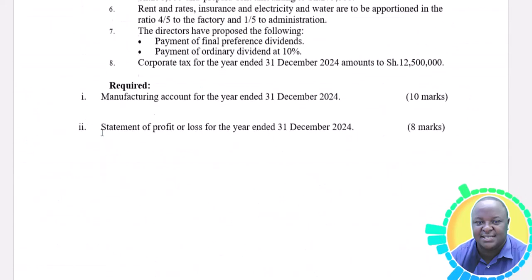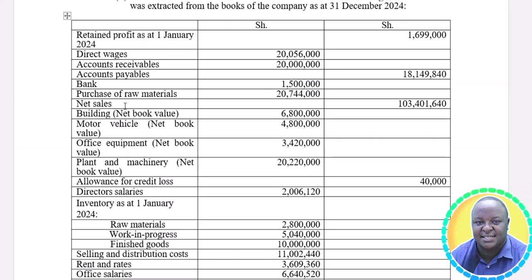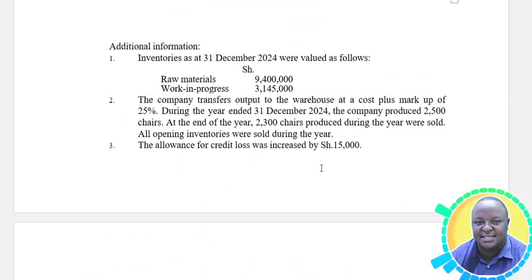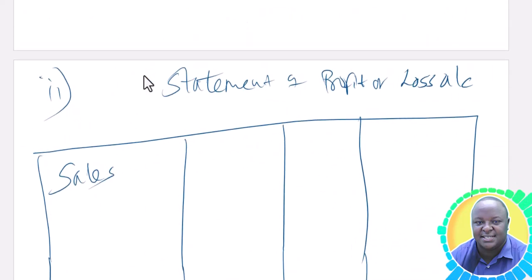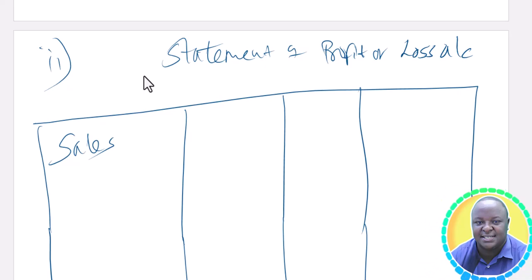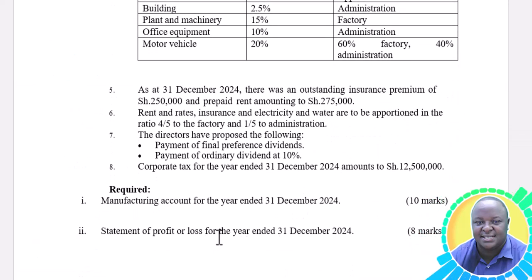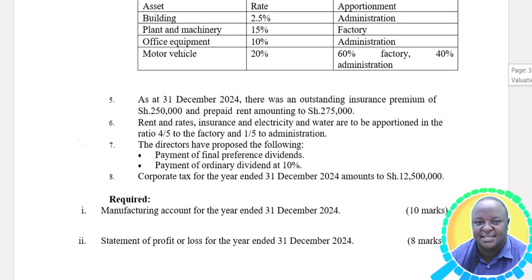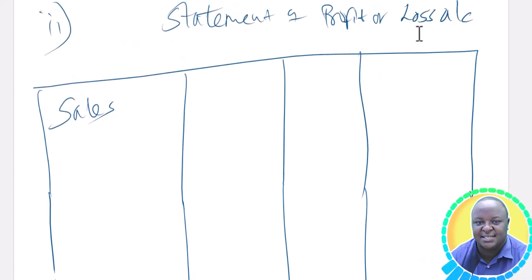So we go up. We shall be going up and down. We check on the sales. We have been given our net sales to be 103,401,640. So we have been told to prepare the statement of profit and loss account. The question states for the year ended 31st December period. So you can add that down there when you are preparing for the year ended 31st December 2024.